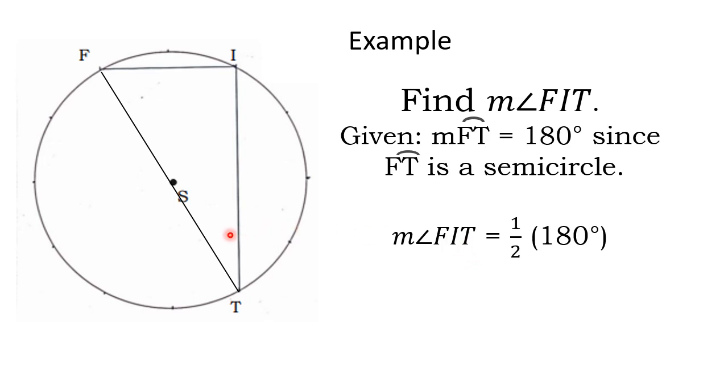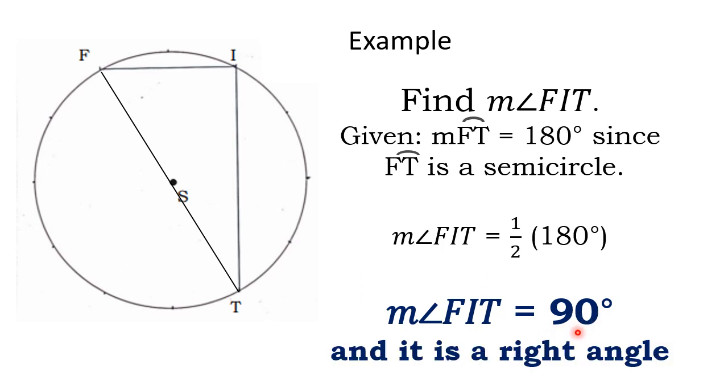So to get the measure of angle FIT, we have 1/2 of 180 degrees, applying theorem number 1, that the inscribed angle is 1/2 the measure of its intercepted arc. In here, our intercepted arc is arc FT. So the measurement of angle FIT is equal to 90 degrees. And of course, 90 degrees is a right angle.